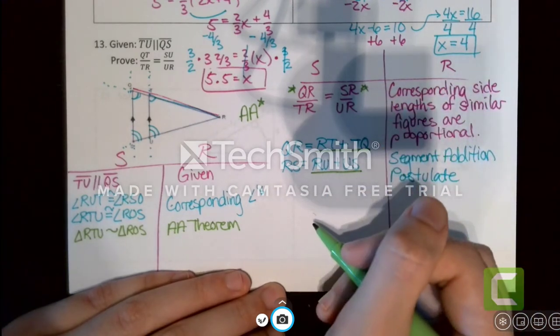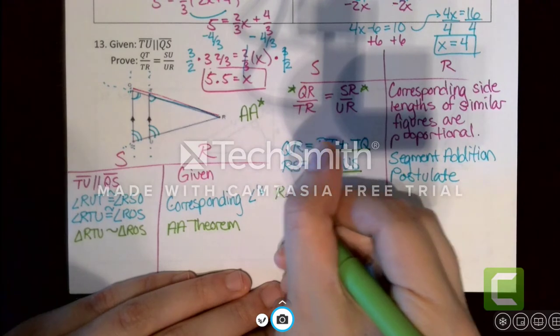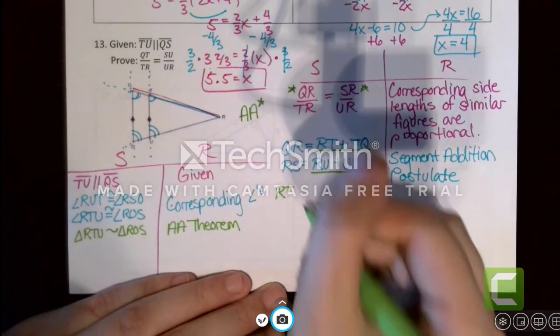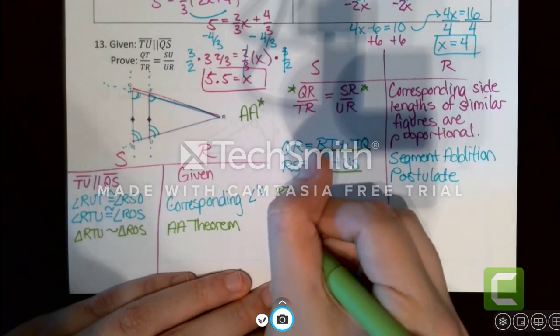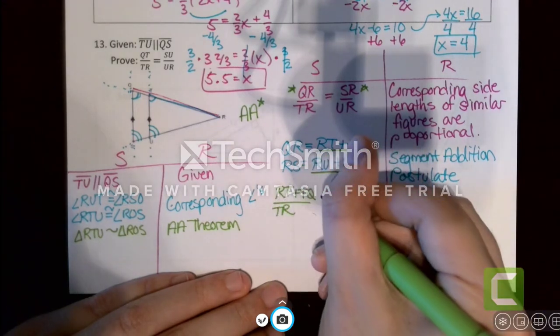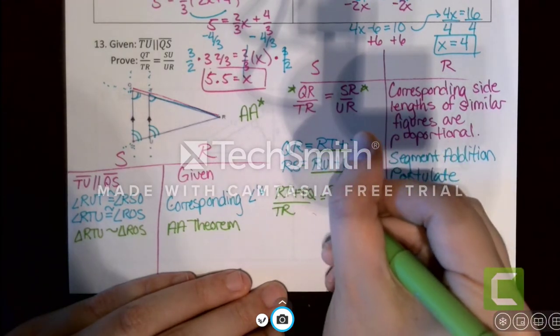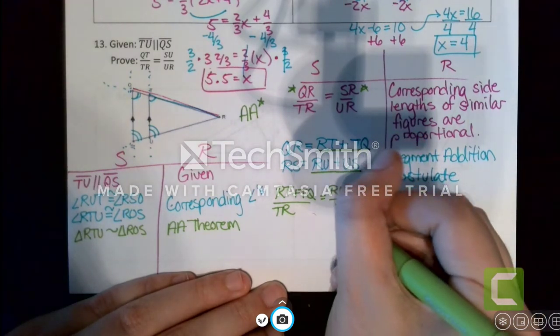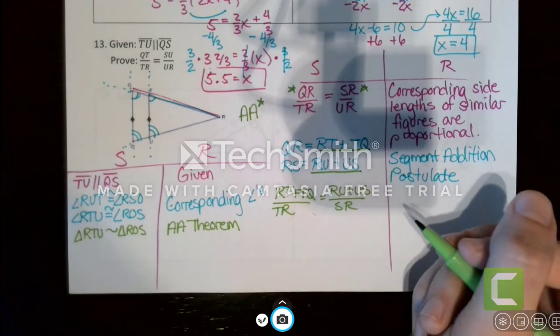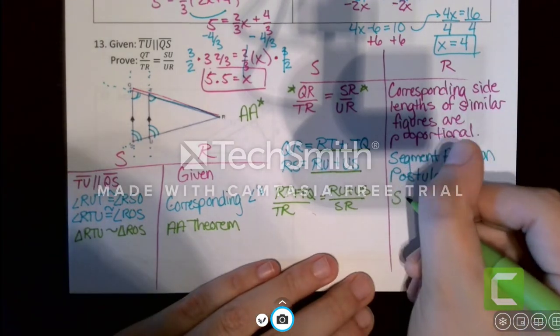So your next statement should be RT plus TQ divided by TR is equal to RU plus US divided by SR. And we're using substitution for this.